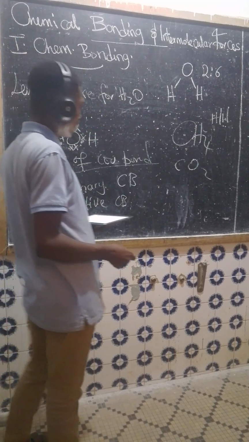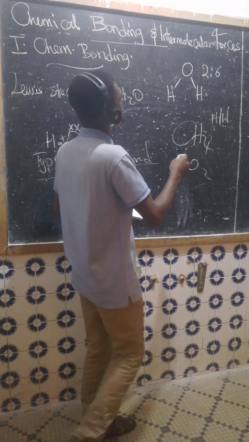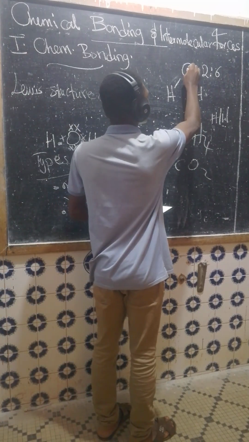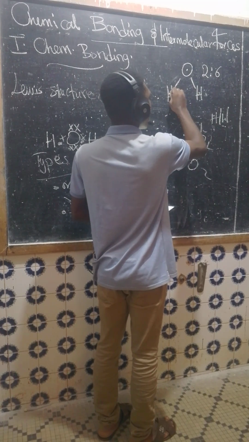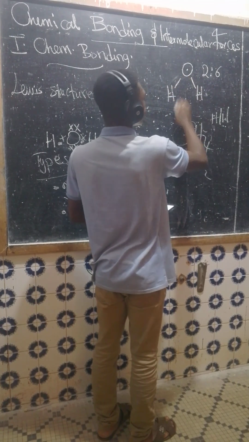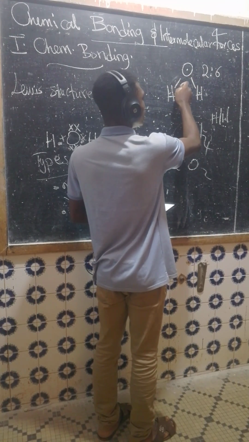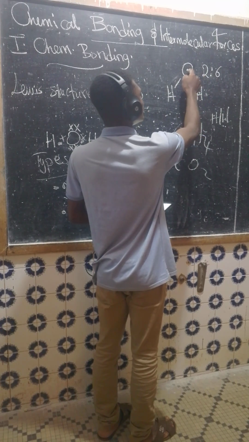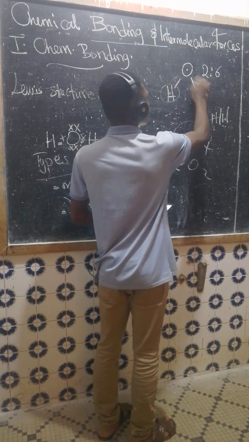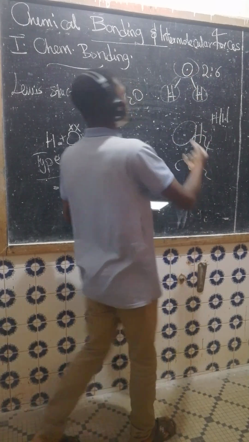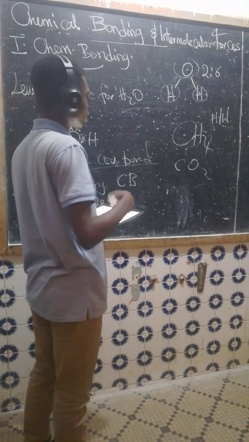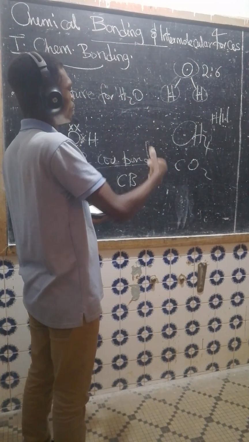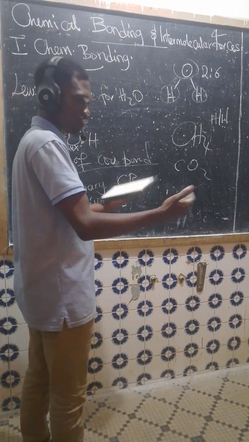And remember, the covalent bond is the force of attraction between the nuclei of the bonding atoms and this shared pair of electrons. The shared pair of electrons is negatively charged, and the nuclei are positively charged. So there exists an electrostatic force of attraction between them. It constitutes the covalent bond.